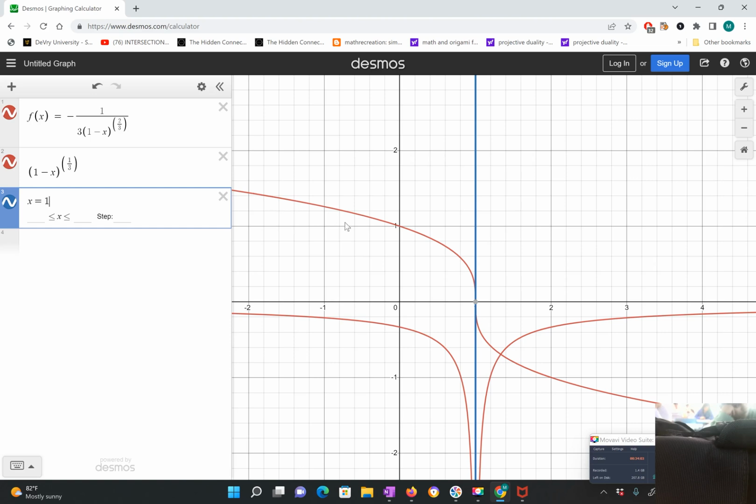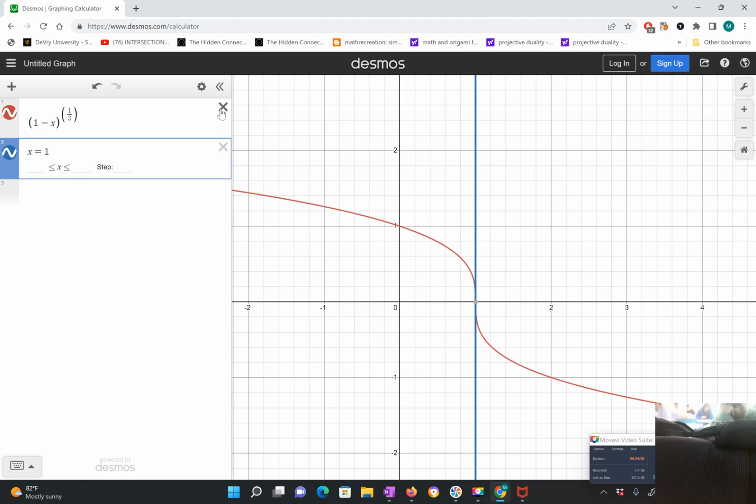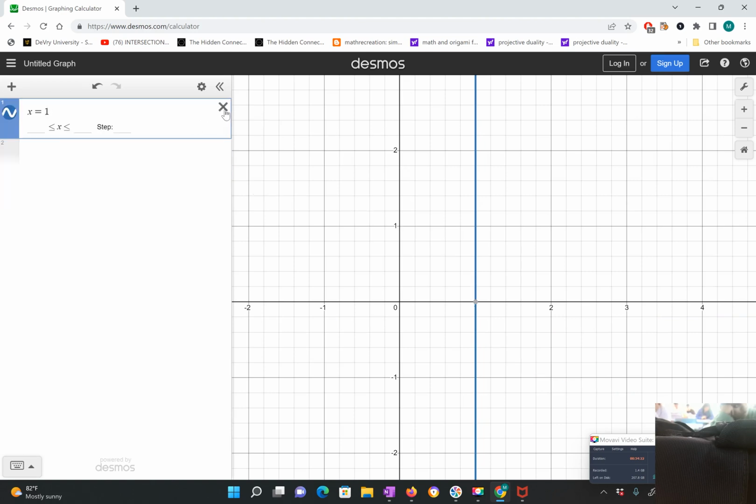Left to right, what is happening? I think it's decreasing on both sides. Forget about this one for a minute. We'll use that mathematically. Let's just delete that. Going back to the original.